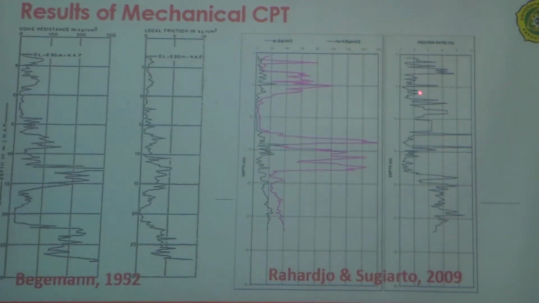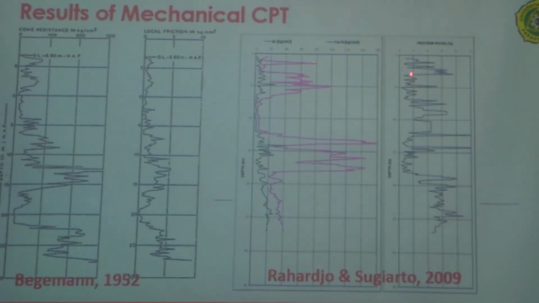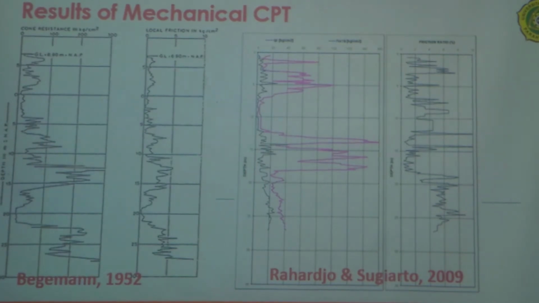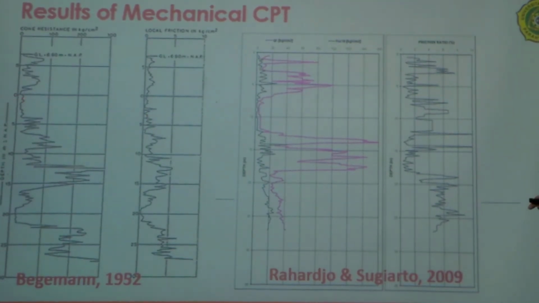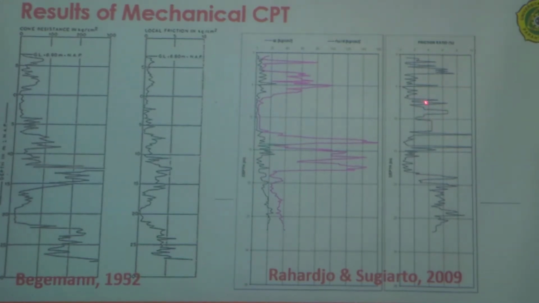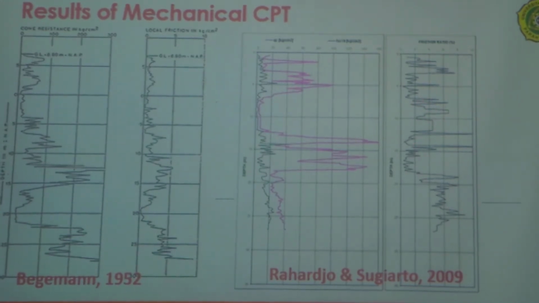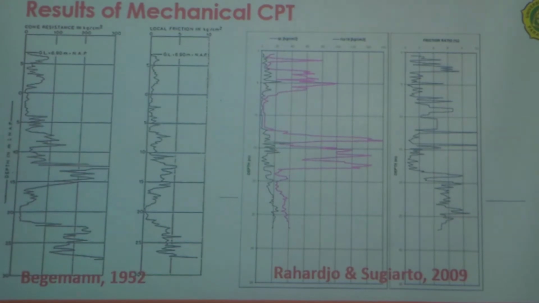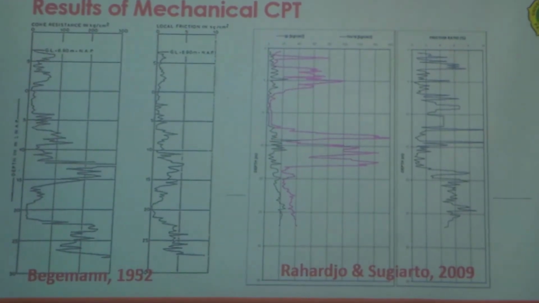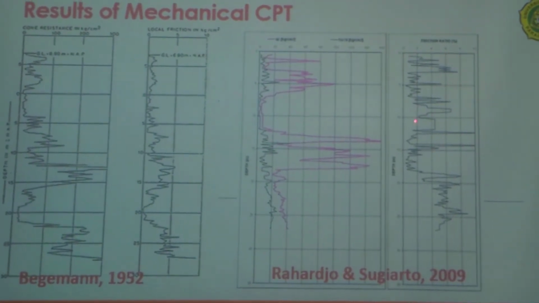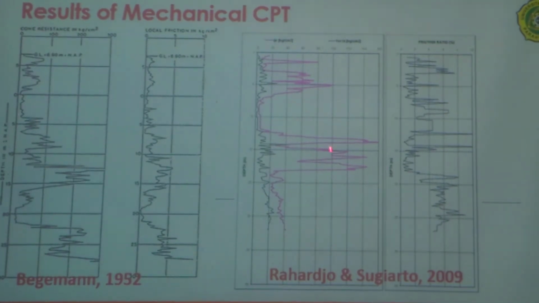So look at this. This is sand, less than 2%. Okay. This is clay. Friction is small, tip resistance is small, but the friction ratio is 4%. So if it is beyond 2%, it must be something silty sand or clay sand or clay from friction ratio alone. This one is dense sand.